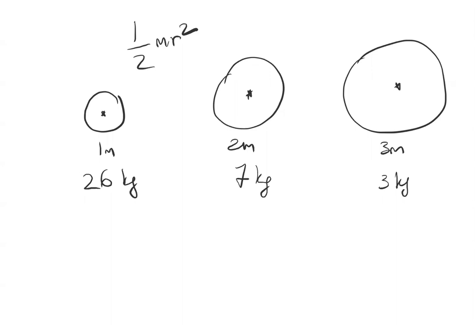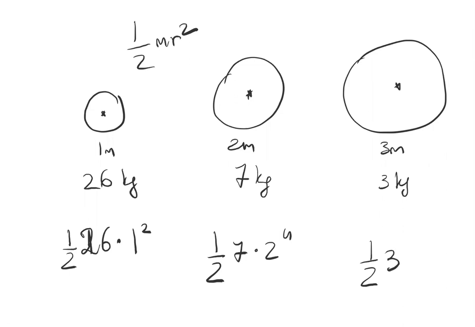Okay, good. So let's compute this for all three of them. For the first disk, I have half of 26 kilos times 1 squared. Here I have half of 7 kilos times 2 squared. Here I have half of 3 kilos times 3 squared. This is 13. This is 14.